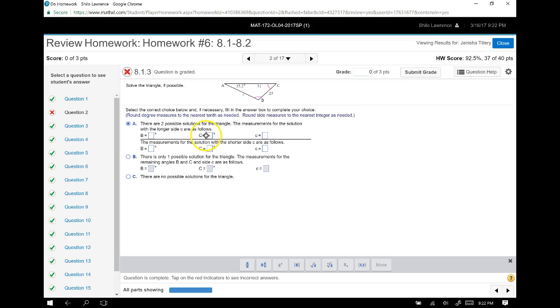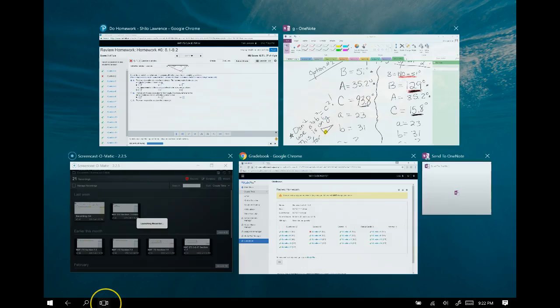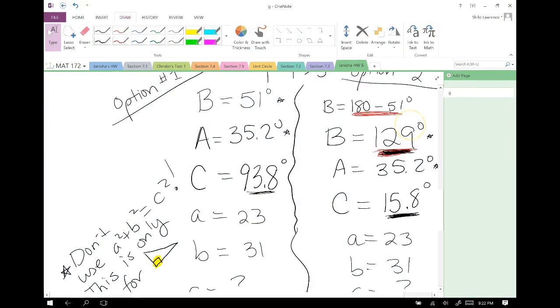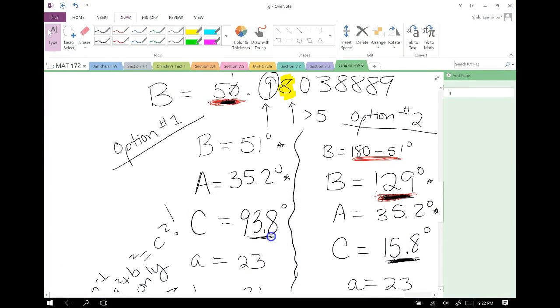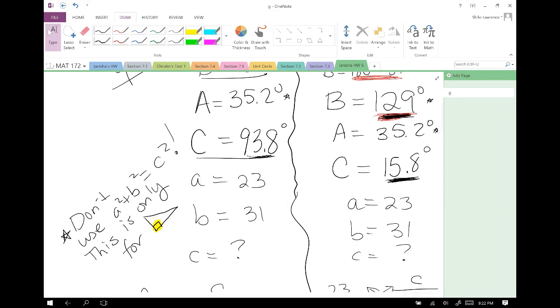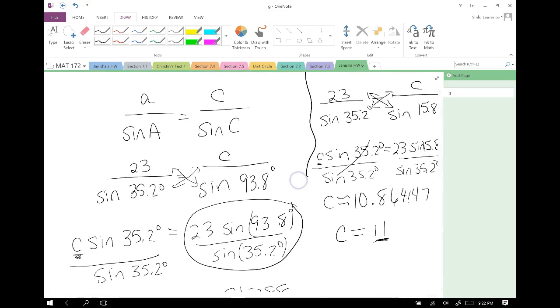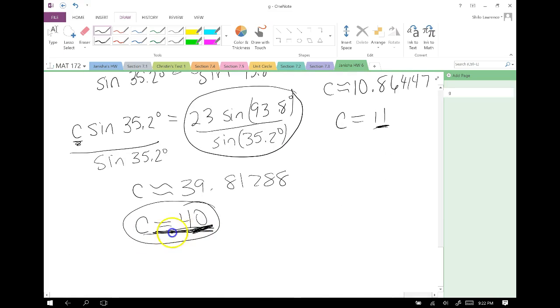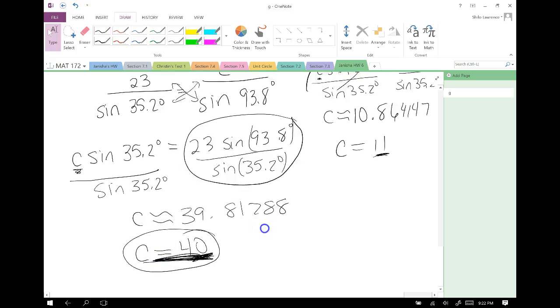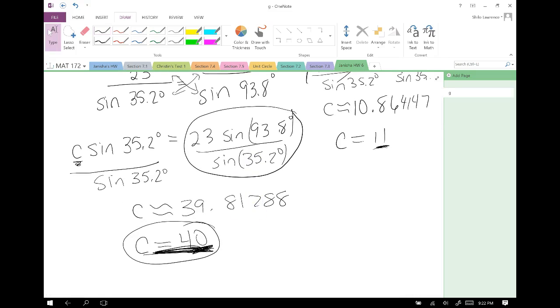So angle B, angle C, and side C with the longer C first. It's going to be the one with the smaller B, the bigger angle C, and the bigger angle C is going to have the bigger side C. So that's the set of answers they want first.